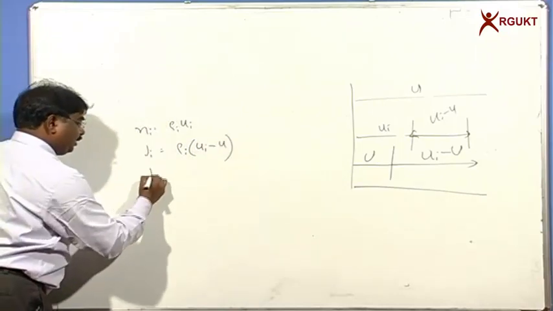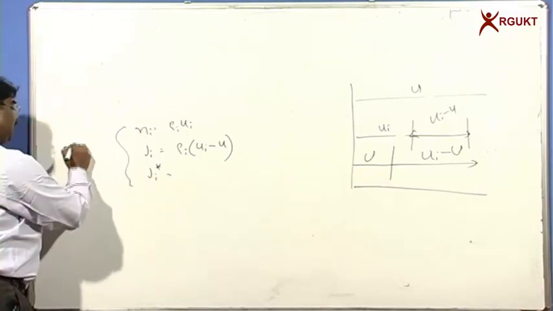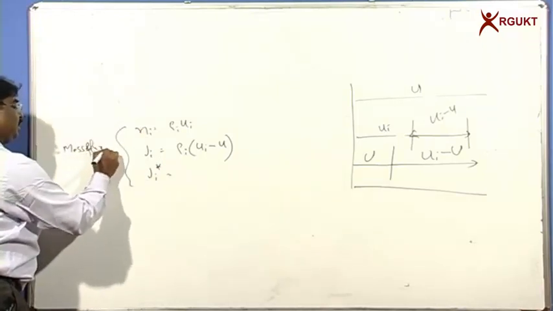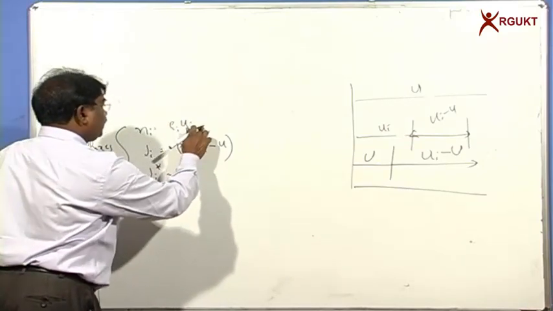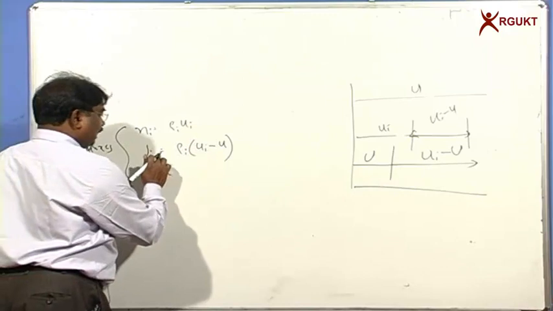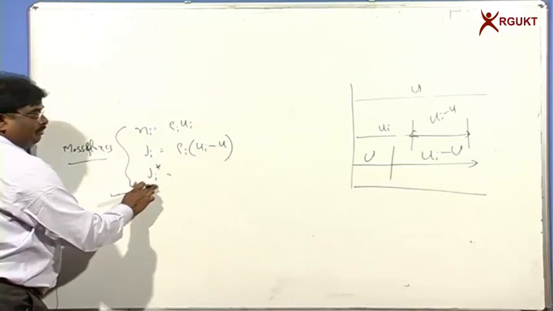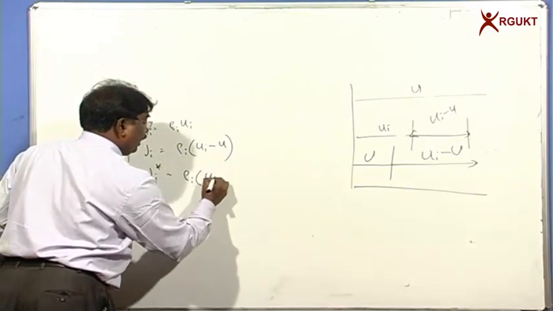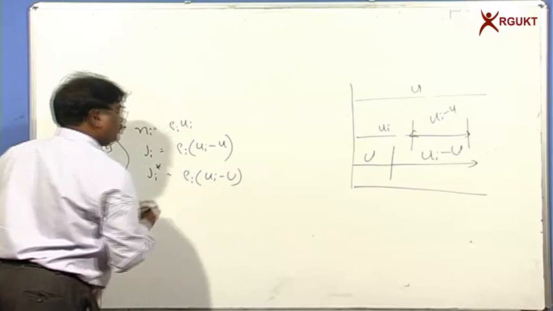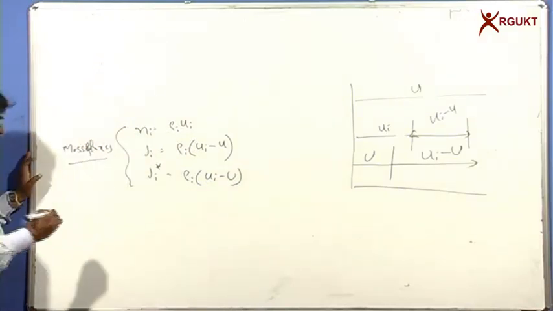We have a Ji star. All these three are the mass fluxes: the mass flux with respect to the stationary frame of reference, the mass flux with respect to the mass average velocity, and the mass flux with respect to the molar average velocity, rho i (ui minus u). So these are the three types of fluxes that we are going to come across. That is what we call the mass fluxes.